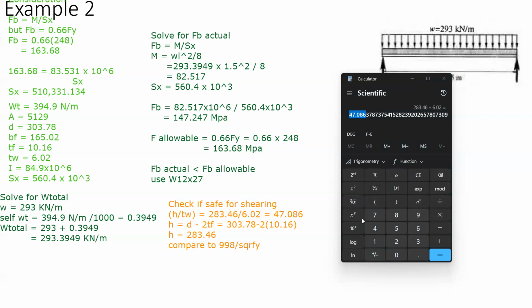Our Fy is 248. And you get the square root of Fy. And this is now equal to 63.373.